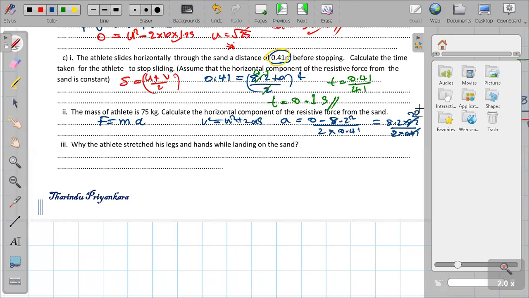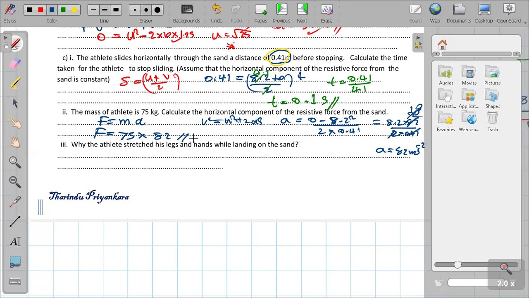Acceleration equals to 82 meters per second squared. Very big acceleration. Now see the force, very big force. 75 multiplied by 82.